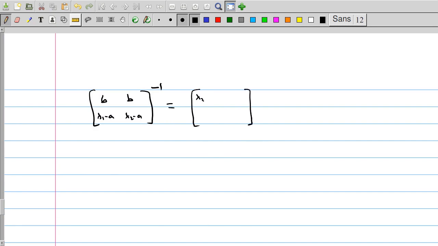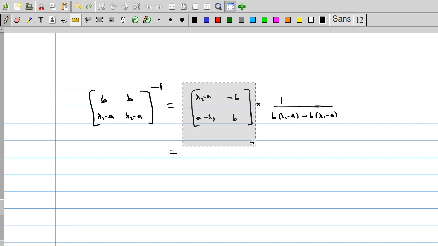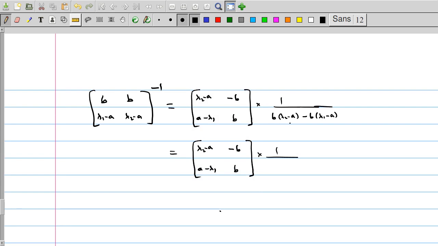okay, lambda 2 minus A, minus B, minus B, A minus lambda 1, and then there's a determinant. What is the determinant? B times lambda 2 minus A minus B times lambda 1 minus A, so everything cancels, so it's actually just B times lambda 2 minus lambda 1.